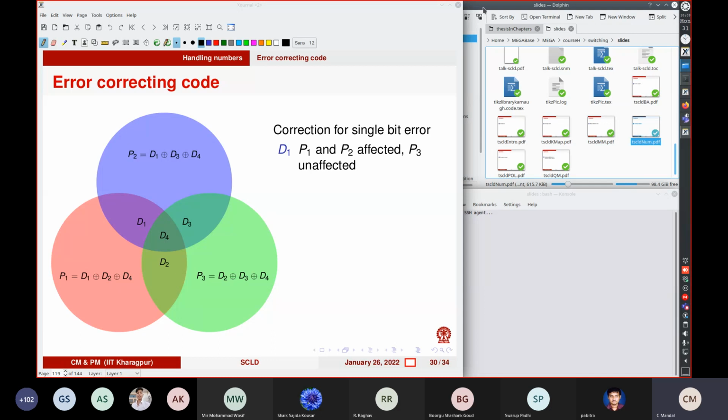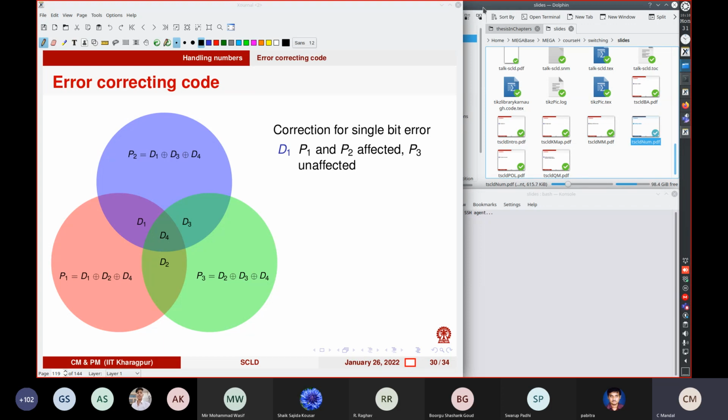Those are defined on three data bits each. P1 is defined on D1, D2, D4. P2 is defined on D1, D3 and D4, and P3 is defined on D2, D3 and D4. So this is how these parity bits are defined.